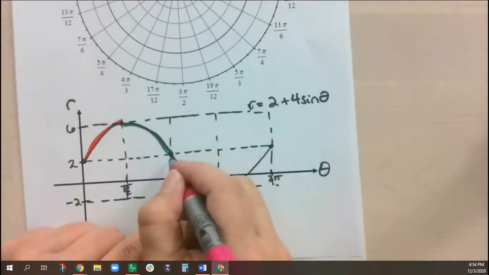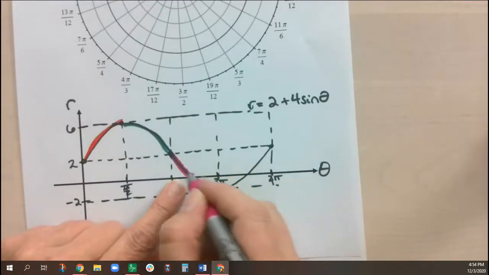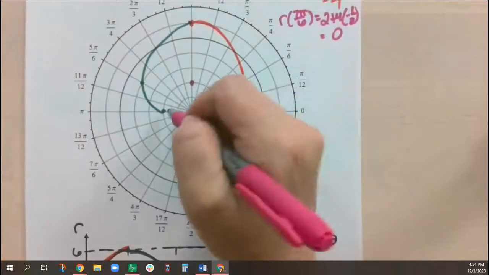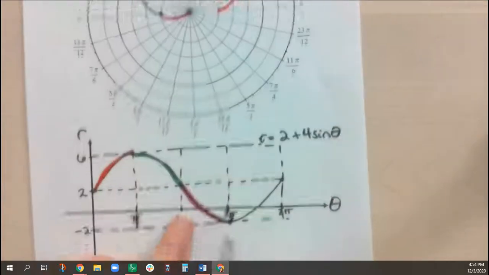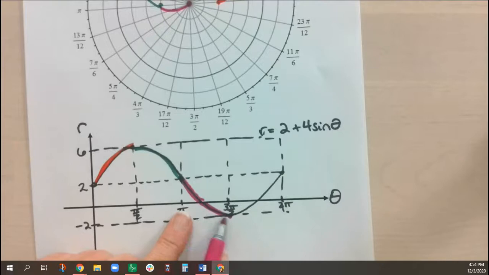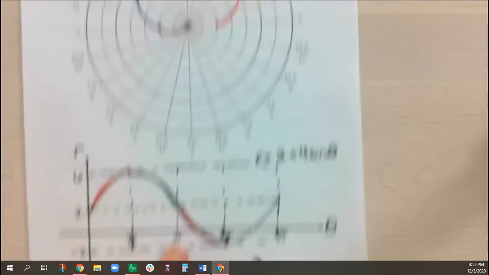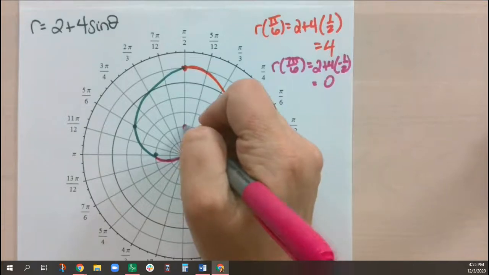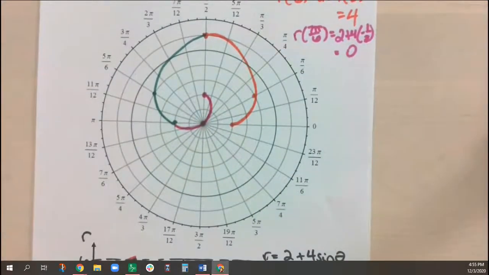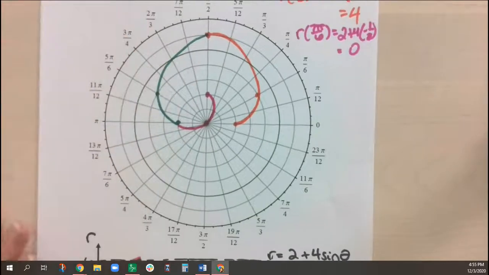This first part where we're staying positive, this part is going to be in quadrant 3. So I'm going to connect from where we left off to the pole like this. Once I go through the pole, this part of the graph here is going to end up in quadrant 1. And it's going to go up to that point where we left off, or where we were supposed to end by the end of quadrant 3.